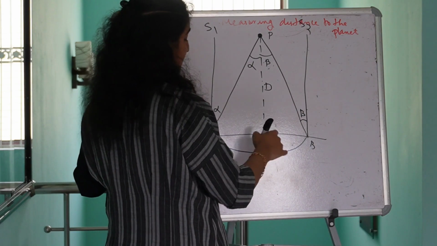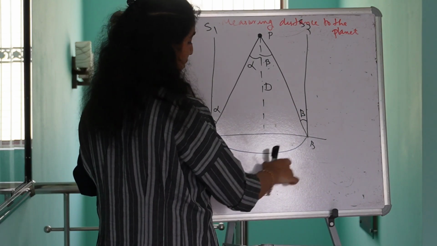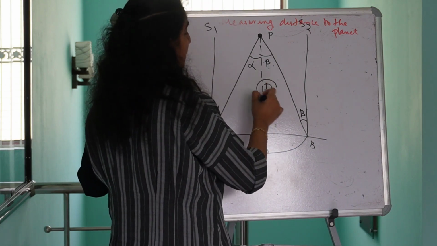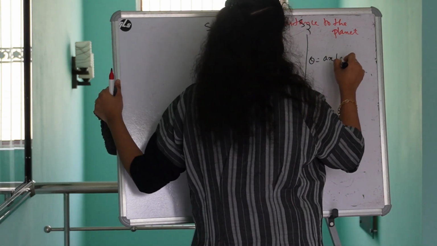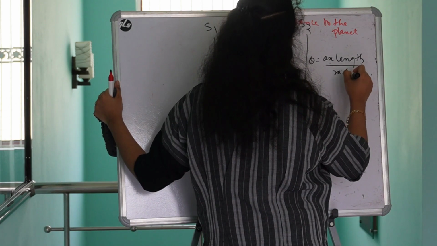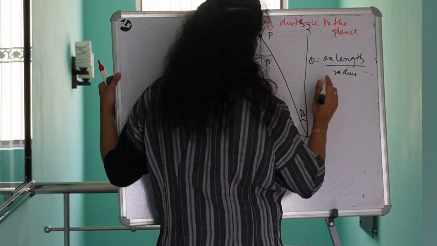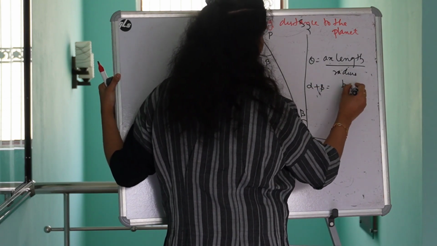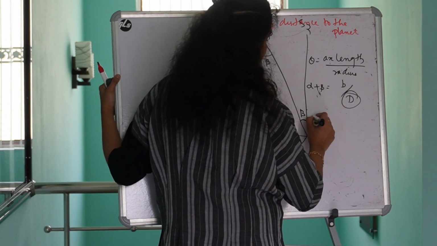I know the distance between the 2 points of observation, which is equal to the length of this arc, so it is b. Here I have to calculate d. I know theta is equal to arc length divided by radius. Theta is equal to alpha plus beta, arc length is equal to b and radius is d.